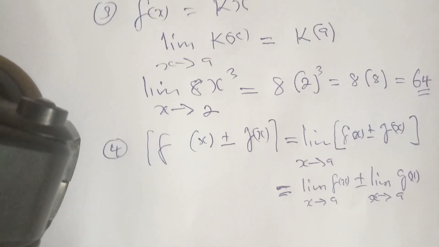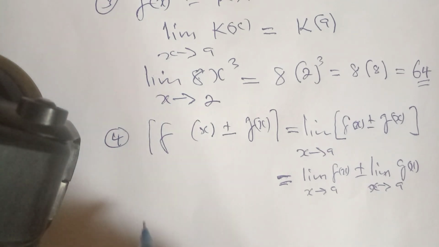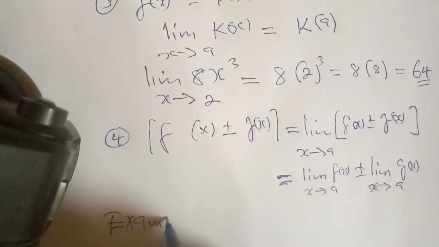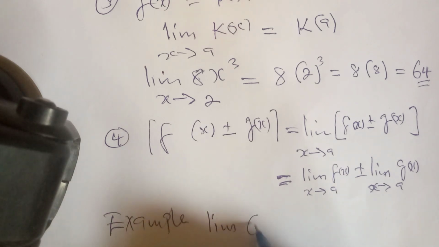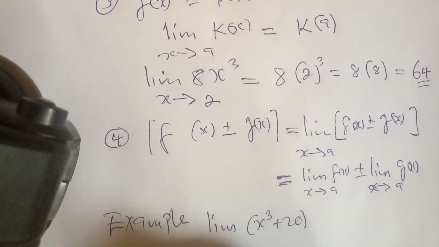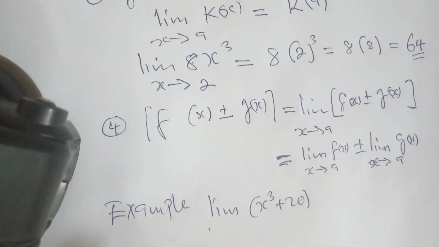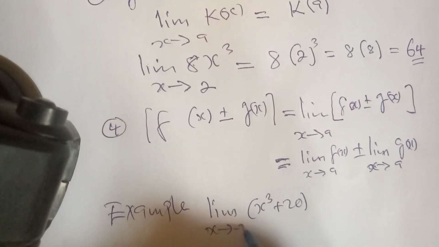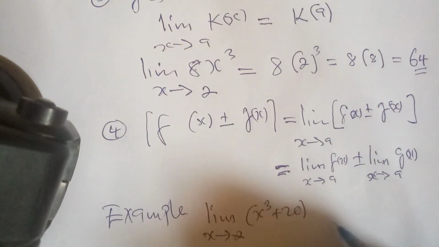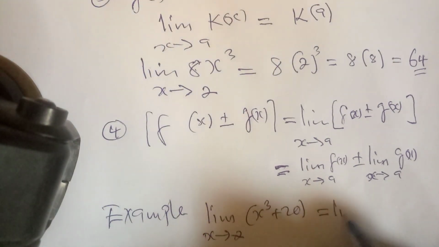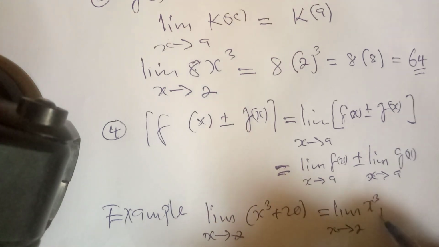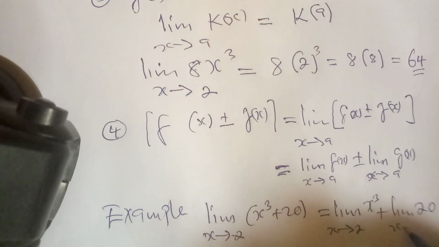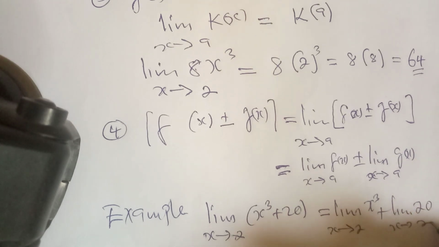So for example, if you have the limit of x raised to the power of 3 plus 20 as x approaching 2, this can be expressed as the limit of x raised to the power of 3 as x goes to 2, plus the limit of 20 as x goes to 2.